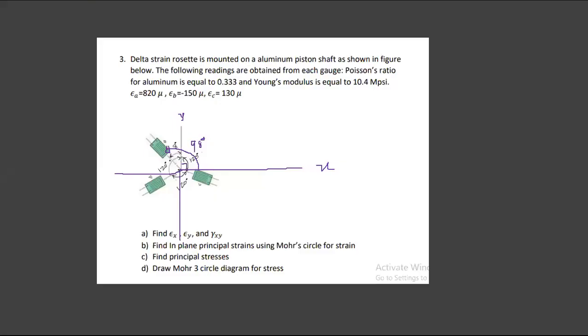If this is 120, measured from here, and this is 98, this will give you 22. It doesn't matter, because even if you calculate this angle, it is the same as minus 22.